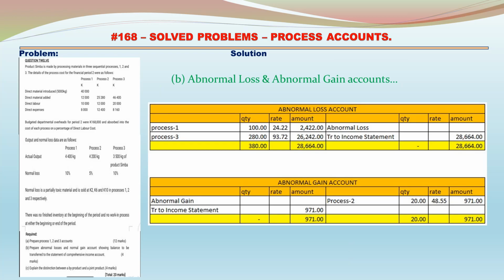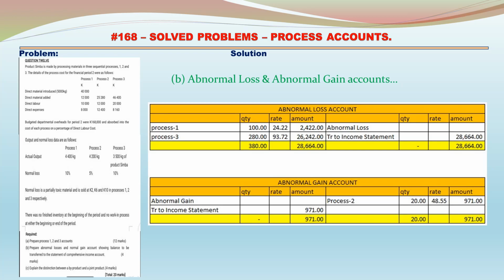Abnormal loss and abnormal gain accounts. Abnormal loss account on the debit side: process 1, 100 kg, 24.22 is the rate, amount 2,422. Process 3, 280 kg, 93.72 is the rate and the amount is 26,242.